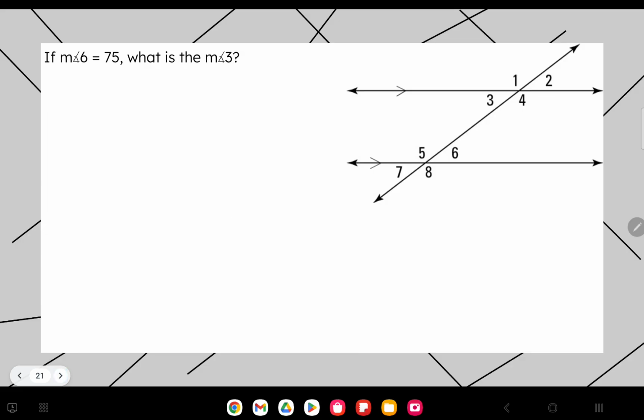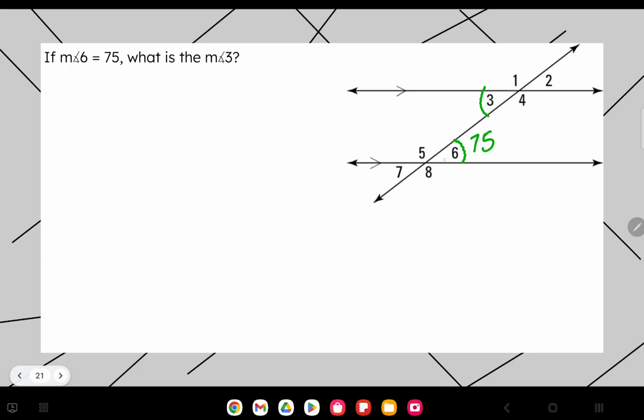All right, so let's see what that means when we add numbers into it. So first we're being told the measure of angle 6 equals 75. Okay, so there's angle 6, and it is 75. We want to know what the measure of angle 3 is.